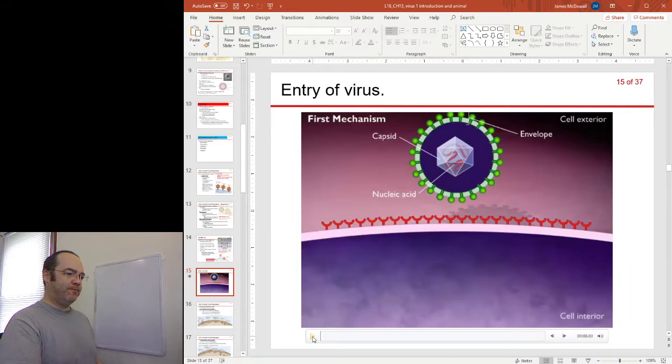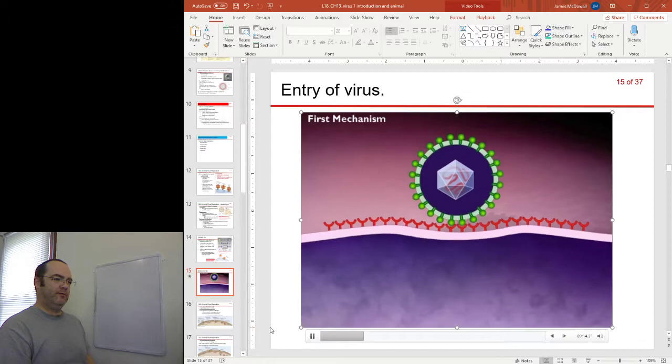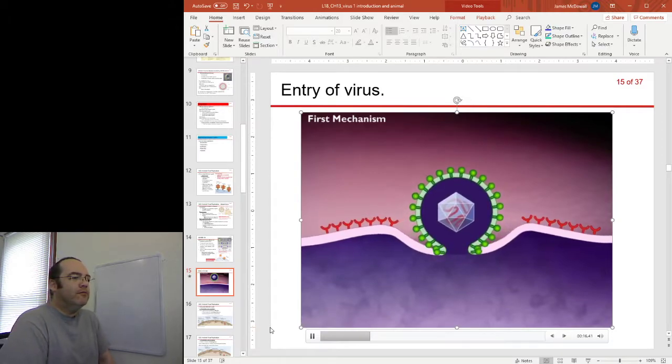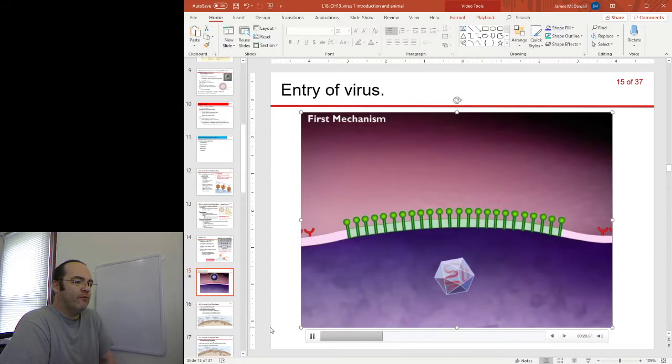So here we go. There are two mechanisms by which enveloped viruses enter host cells. In one of the mechanisms, the virion attaches to host cell receptors by specific proteins on its surface called spikes. The envelope of the virus fuses with the plasma membrane of the host, and the nucleocapsid is released directly into the cytoplasm. The nucleic acid then separates from the protein coat.